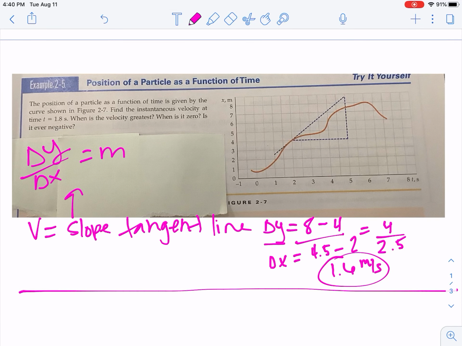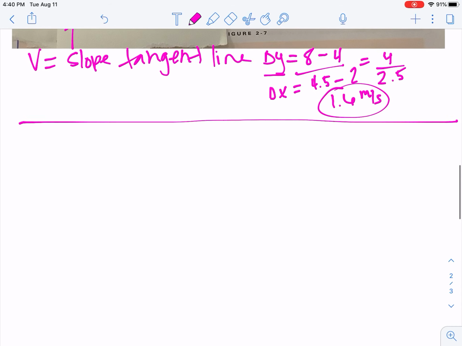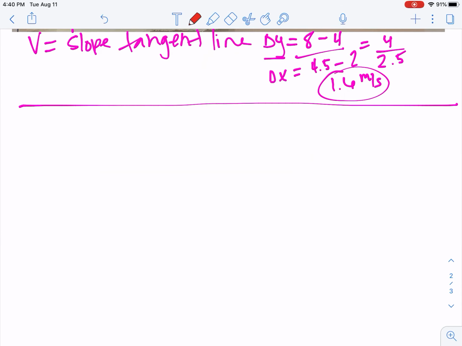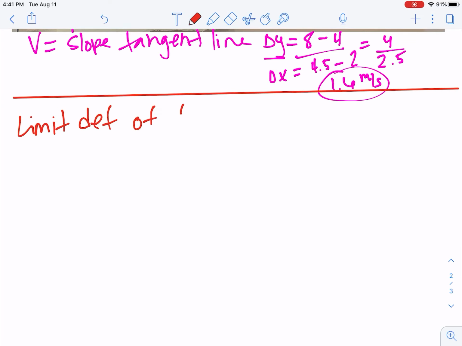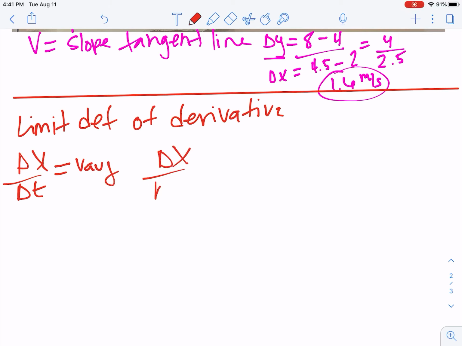The other thing I wanted to talk about, we kind of brought it up, is the limit definition of a derivative. So we said if delta x over delta t is the average, then delta x over delta t as t goes to 0.